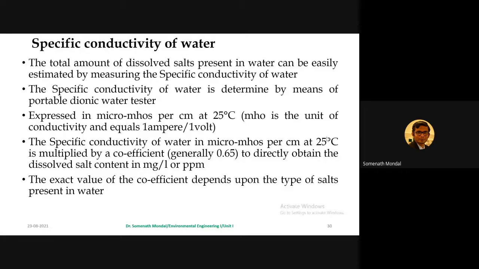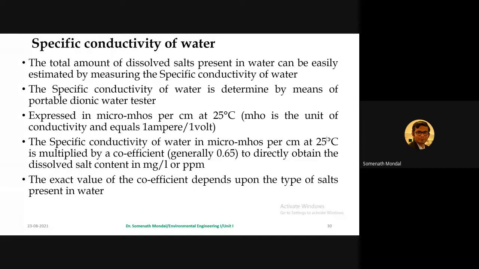MHO is the unit of conductivity, and equals 1 ampere per 1 volt. So this is the way it is expressed in micromhos. And the temperature is also standard, which is 25 degrees centigrade.